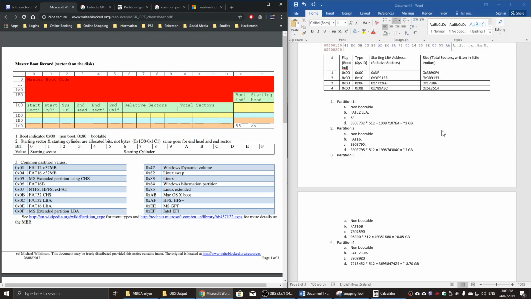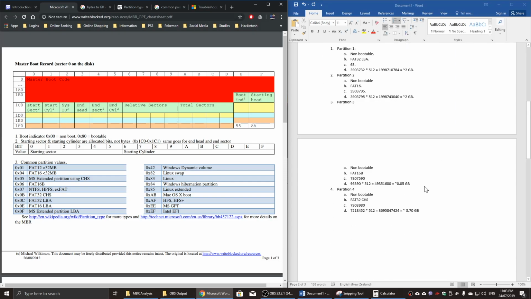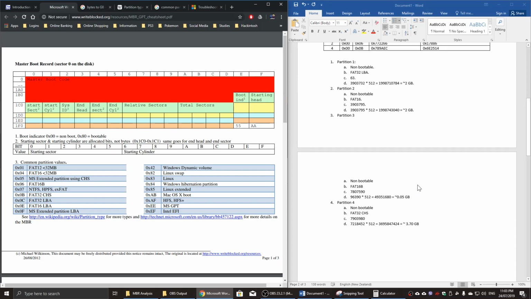I wanted to help you get the analysis of just the MBR at this stage, and you can see just by those 4 sections we've gotten a lot of information. We know that there's 4 partitions, 2 of them are 2 gigs, one is over 3, and one is just under a gig, 0.05 of a gig, and we could analyze these very fast if we needed to in a forensic instance.